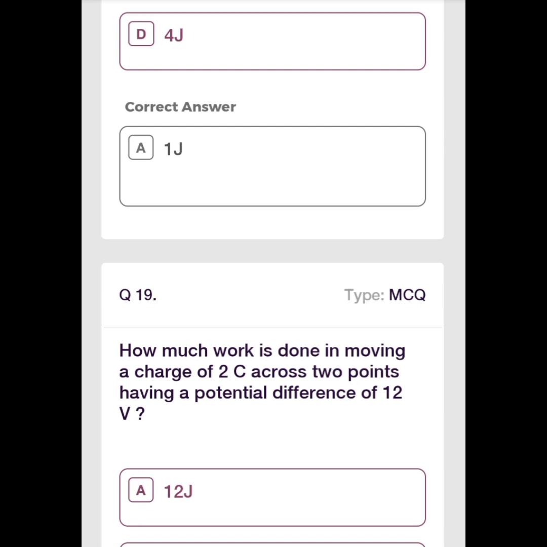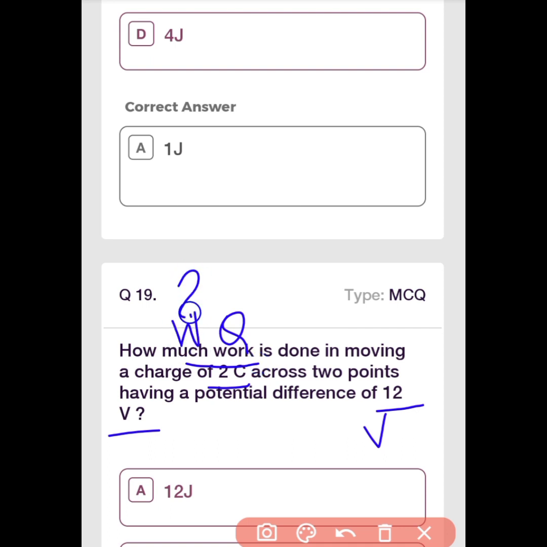19th question. How much work is done in moving a charge of 2 Coulomb across 2 points having a potential difference of 12 volt? Here the charge is given as 2 Coulomb, the voltage is given as 12 volt, and the work done is what we need to find.